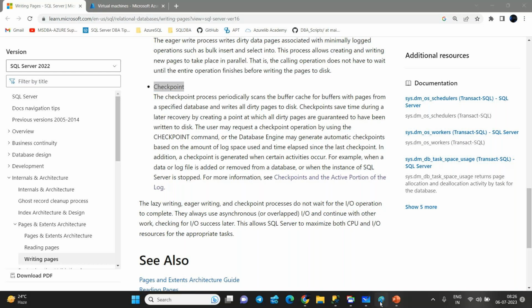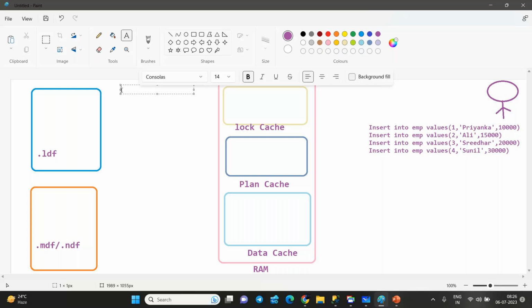What we are going to cover today: clean page, WAL, dirty page, checkpoint, lazy writer, and eager writer.